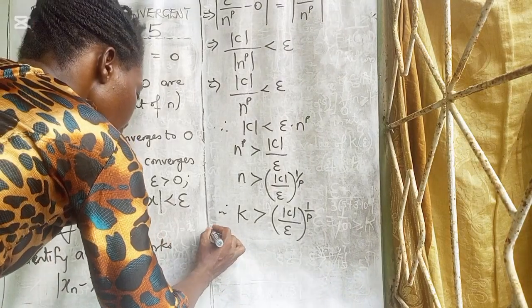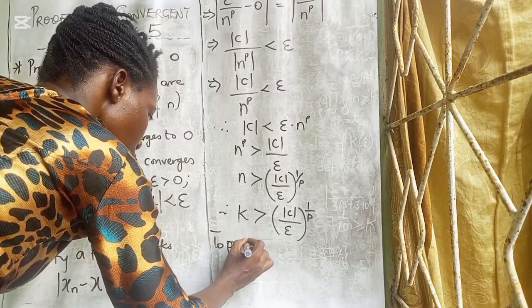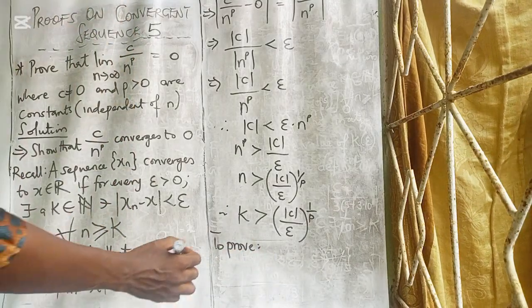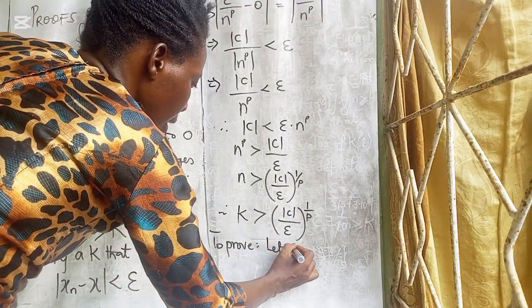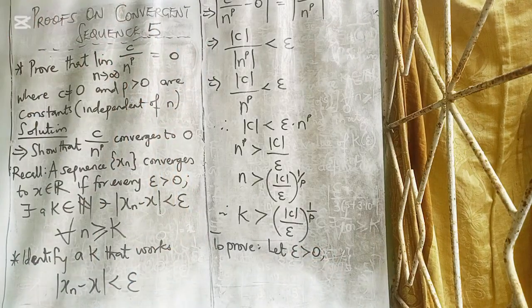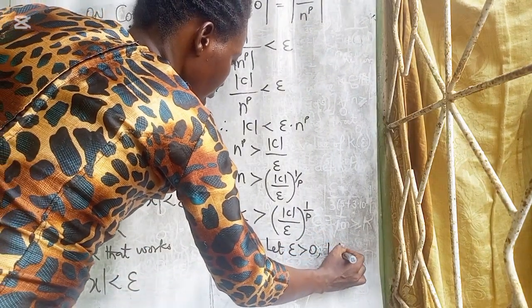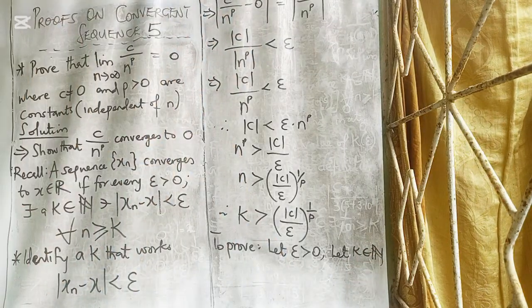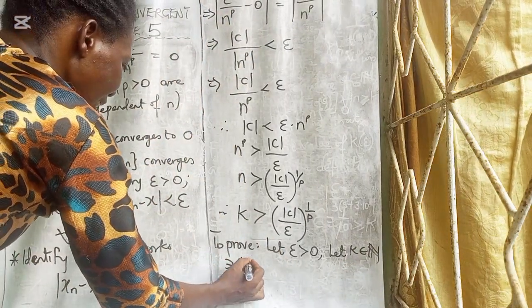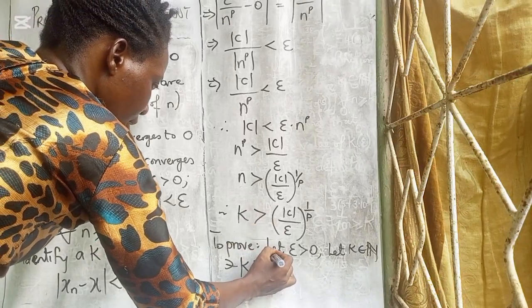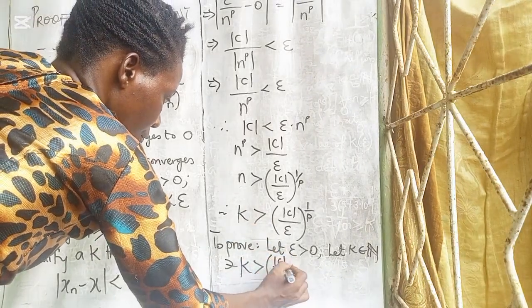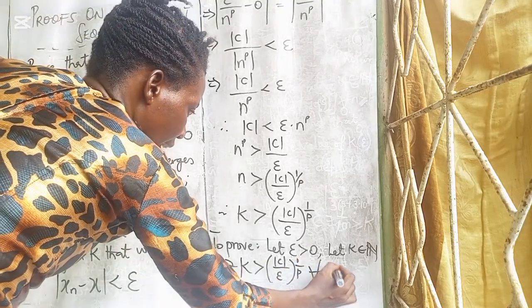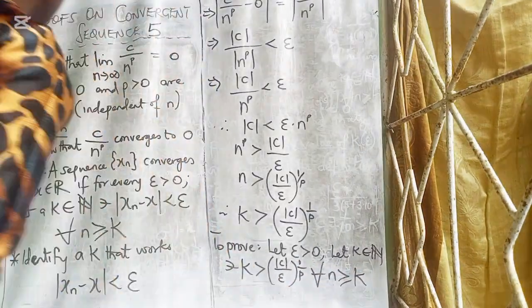Now to prove, we make certain assumptions. What are our assumptions? Let epsilon be greater than 0, and let k, an element of the set of natural numbers, be such that our k is greater than the absolute value of c over epsilon all raised power 1 over p, for all n greater than or equal to k.